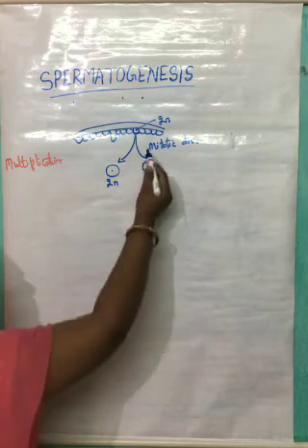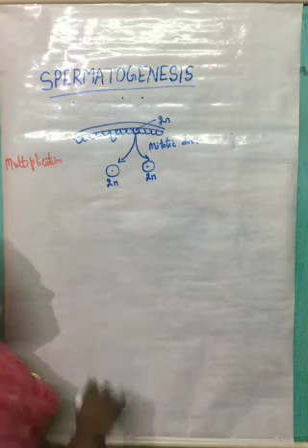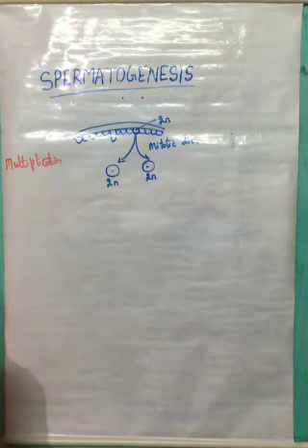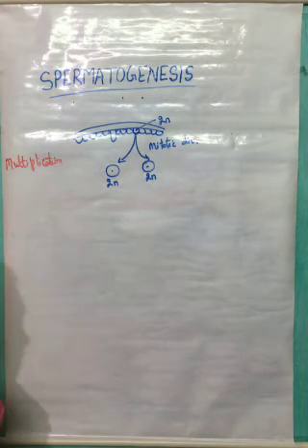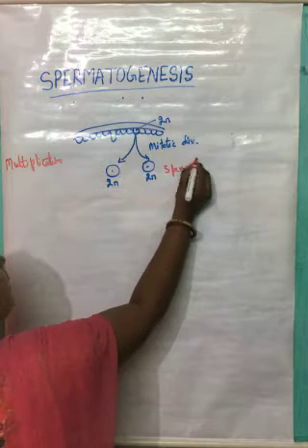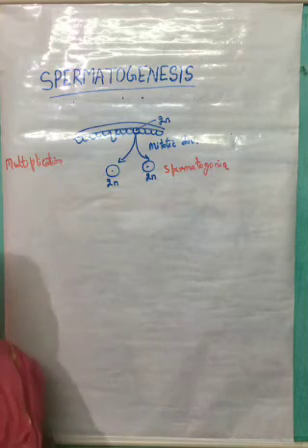So as a result of the first division, that is the mitotic division, two cells are formed, and these are diploid in nature. These cells are also known as spermatogonia.